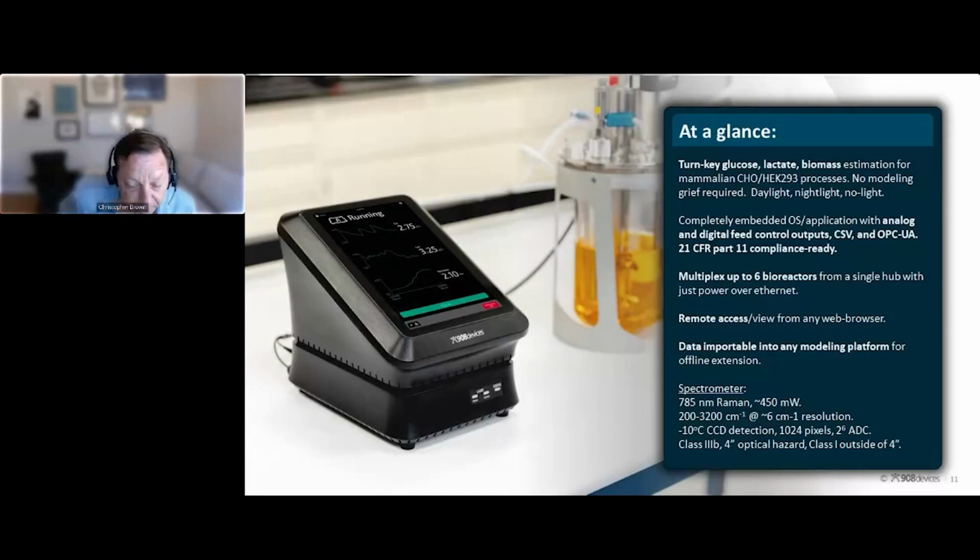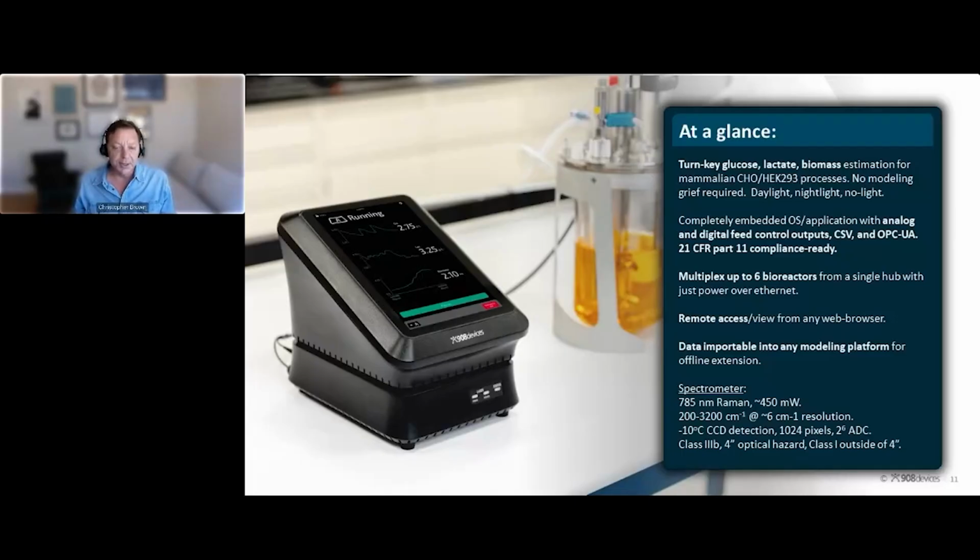It is a Raman spectrometer, so in terms of the details of that spectrometer, it's a 785 system. Output power at the probe is about 450 milliwatts, so it's a class 3B system. Spectral range is very standard, 200 to 3200 inverse centimeters at approximately 6 wave number resolution.